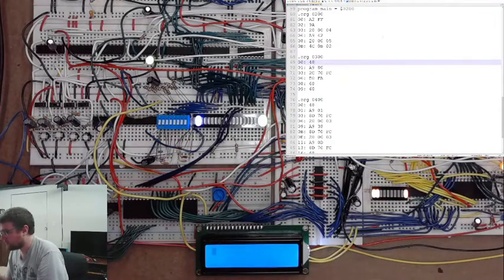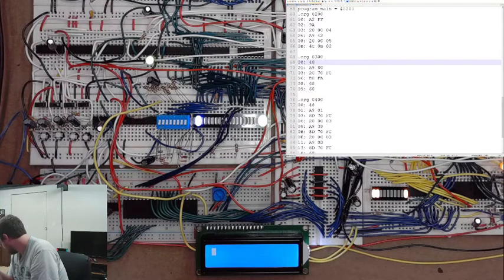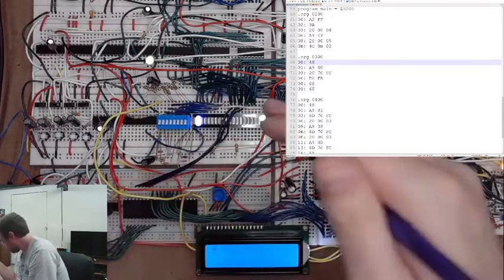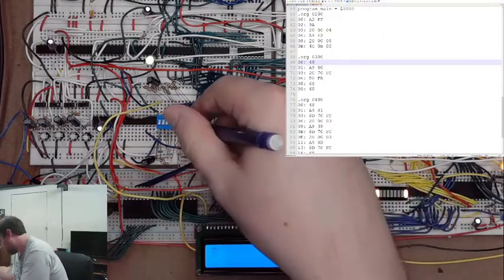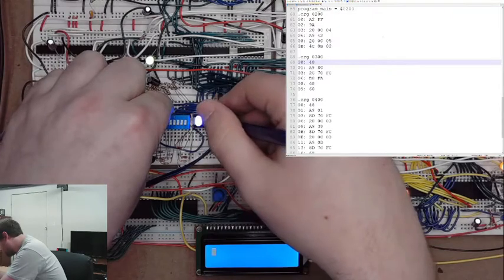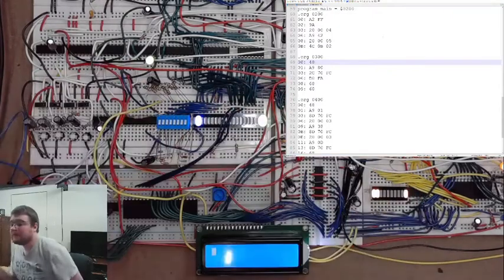I must have a wire cross somewhere, I swear. Because this is literally what I just fixed. Maybe it didn't fix it.